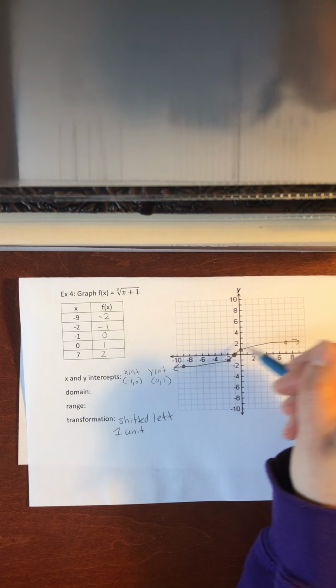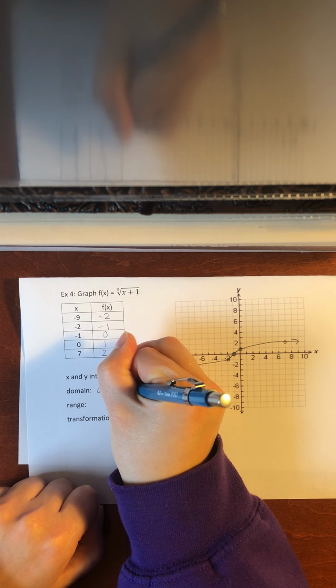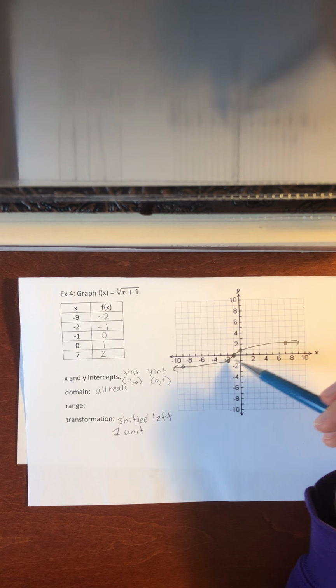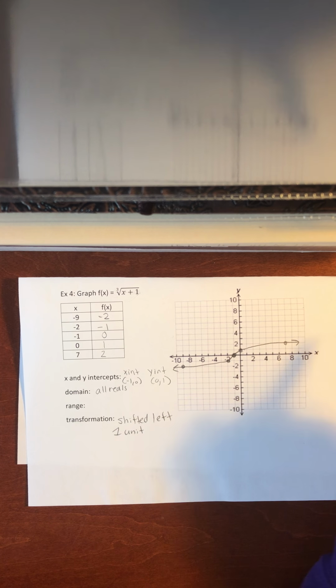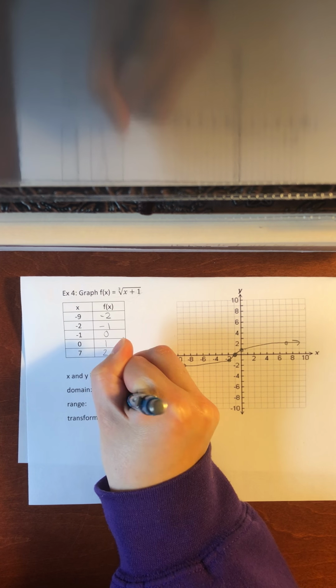Domain, negative infinity to positive infinity, it's all those real numbers. All reals. I'm just writing it different ways, but it doesn't matter the way you write it. And then the range, same thing. Your y values are going to go up and up and up, and your y values will just keep going down. So all reals.